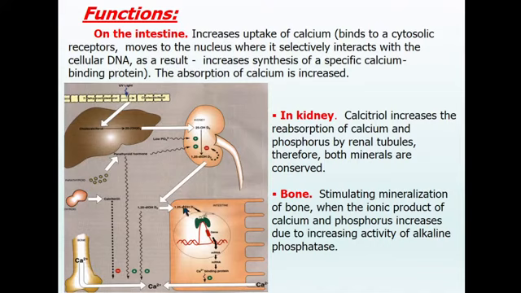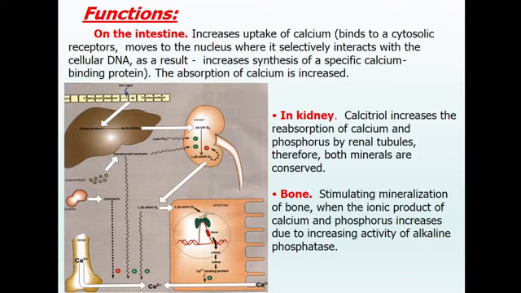This complex goes to the nucleus, where it interacts with a special sensitive site on DNA, and due to this, we increase transcription of a special gene, which codes a special calcium binding protein, or calbindin, leading to increased production of this protein. Due to this protein, we increase absorption of calcium from the intestine to the blood, and so we increase the concentration of calcium in the blood. It's one function.